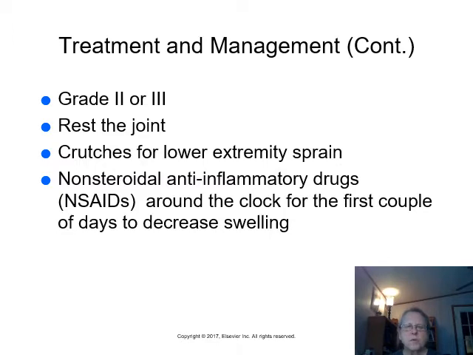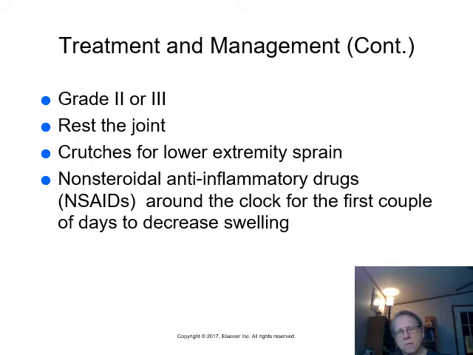So the treatments, like I said, for grades 1 and 2 are resting the joint. We don't want any weight bearing whatsoever, so they'll probably use crutches. And then we're going to give them anti-inflammatory drugs like NSAIDs, typically ibuprofen would work quite a bit.